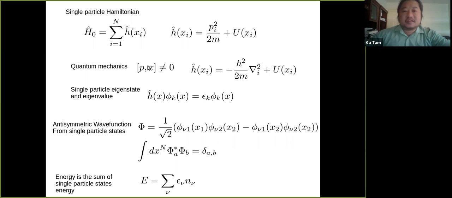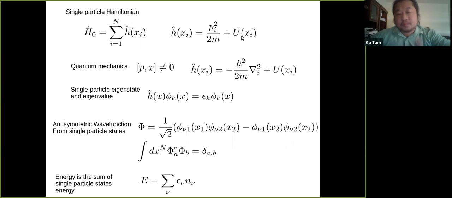So what is quantum mechanics? Basically, p and x do not commute. This is all we need to promote the classical Hamiltonian to the quantum mechanical Hamiltonian. In the first quantized form, you write the Hamiltonian by replacing the momentum squared with the gradient squared, h bar squared over 2m.